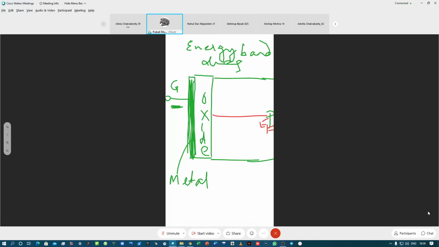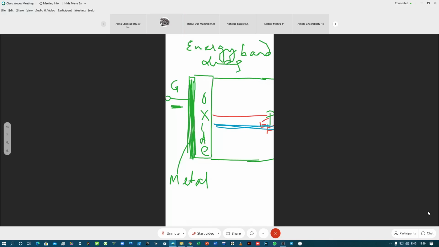Okay. Now since it is a p-type semiconductor, what is going to happen? As we all know, I'm drawing in blue, the valence band will be closer to EF.